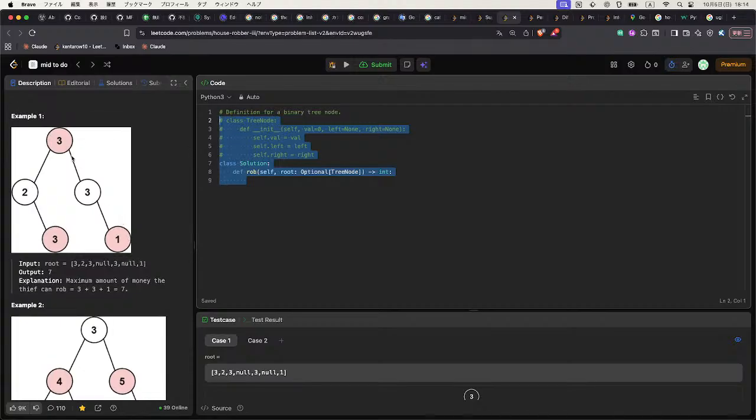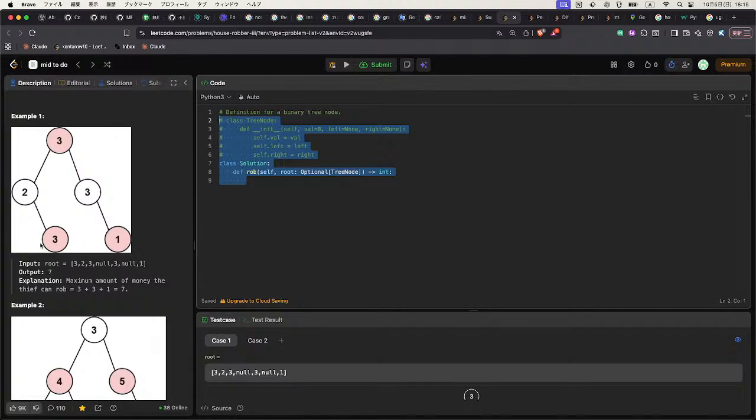If you pick the root node, we cannot pick this, but for this we have only one option, that is don't pick.